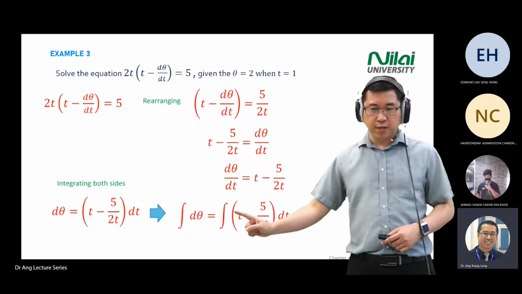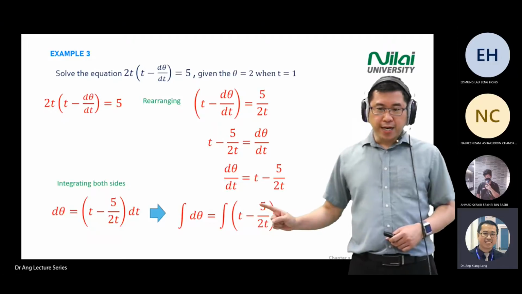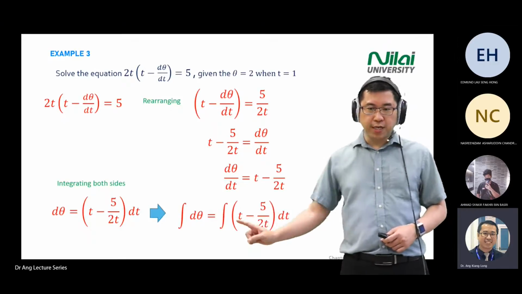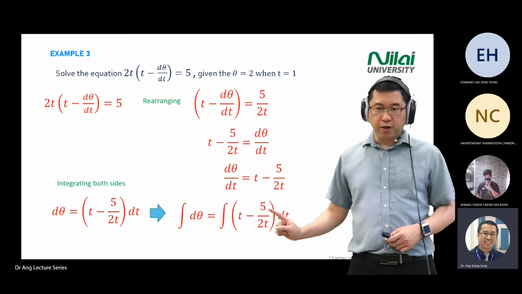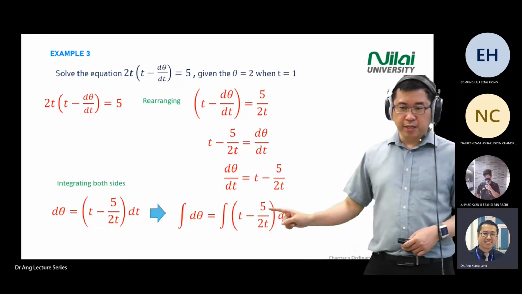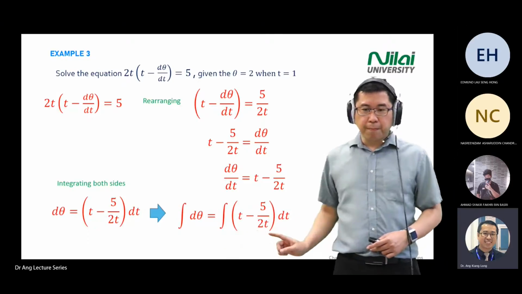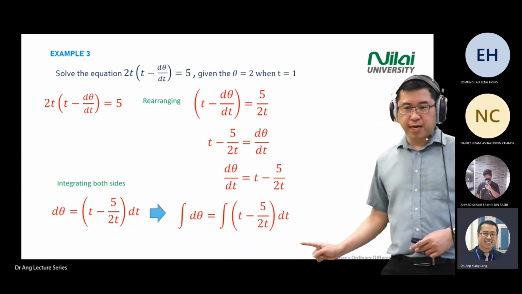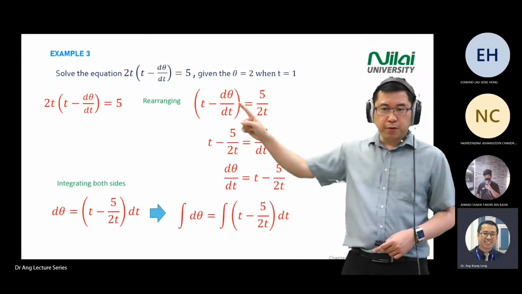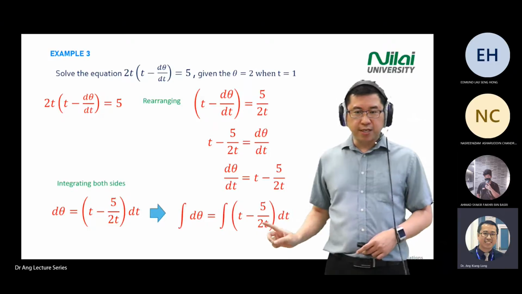When you integrate this one, t squared divided by 2 minus 5 over 2, you pull to one side, you get 1 over t, and you know that when you integrate 1 over something, 1 over x or 1 over p or 1 over t, you get ln. So once you get that one, you will get plus c. You substitute your theta and t in the equation, you get the c, and substitute back.